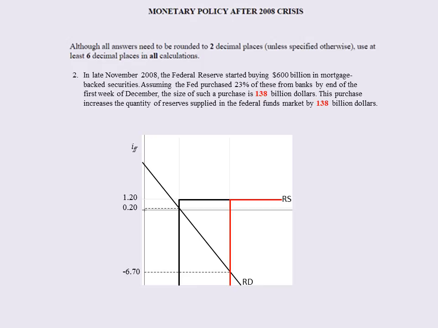The result of the massive mortgage-backed security purchase of $138 billion would reduce the equilibrium federal funds rate from 0.2% to negative 6.7%. Because the federal funds rate target is still set at 0.2%, the equilibrium federal funds rate is not only negative, but it's well below the Fed's target.